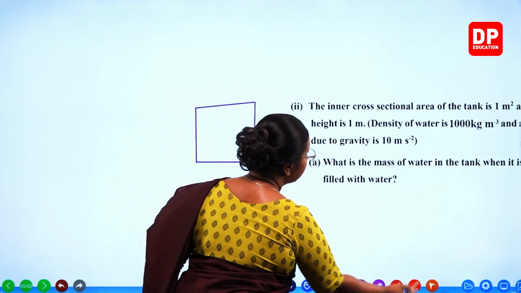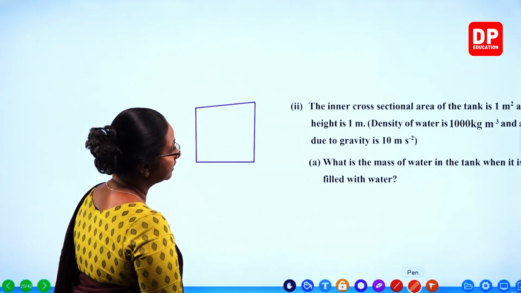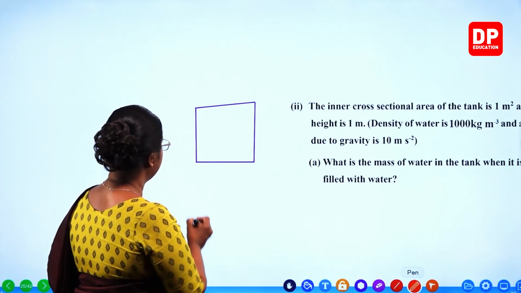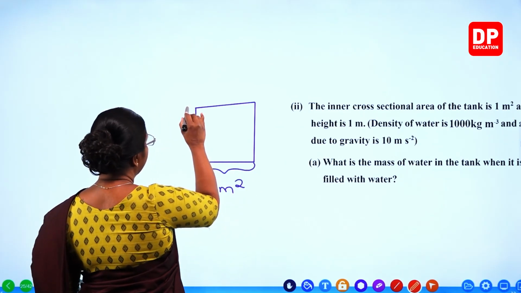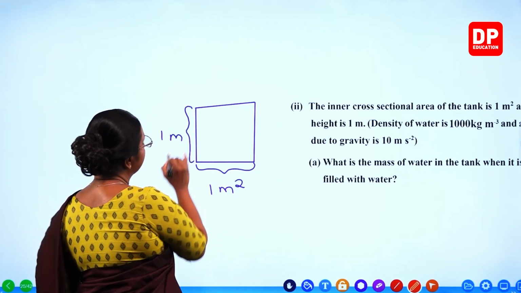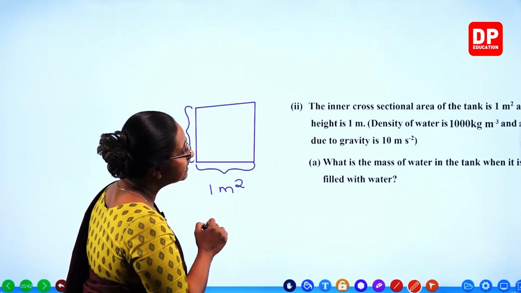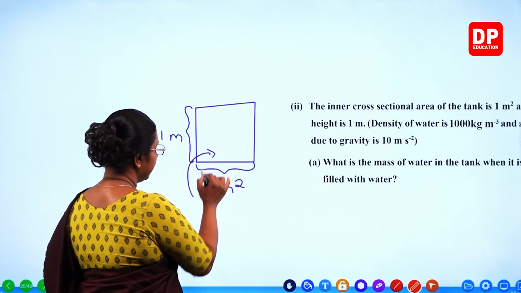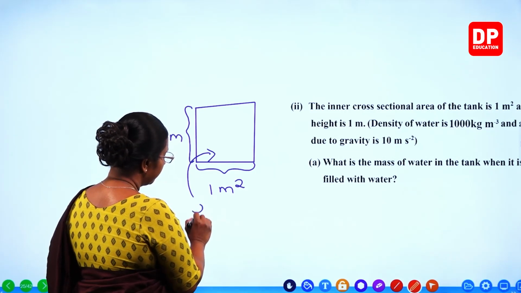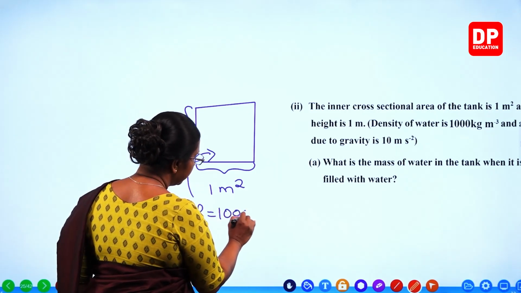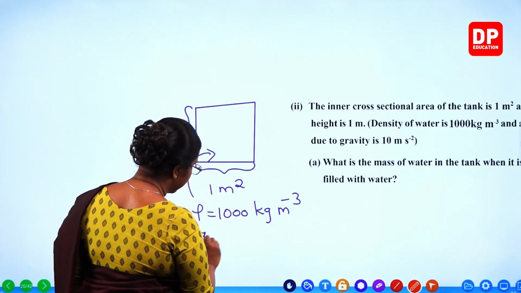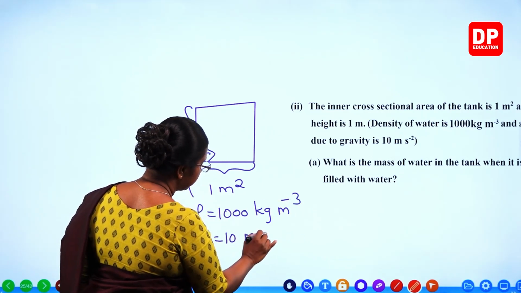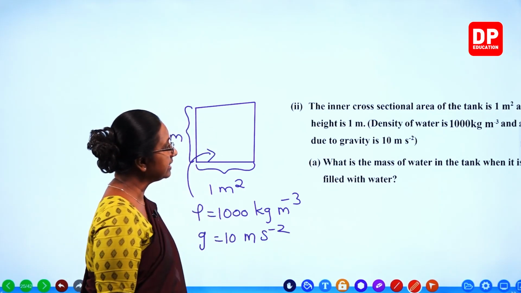The cross-sectional area is 1 meter squared and the height is also 1 meter. Water density rho is equal to 1000 kilogram per meter cube and the gravitational acceleration is 10 meters per second squared. All that is given to us.